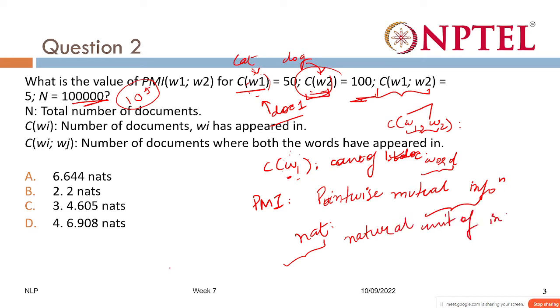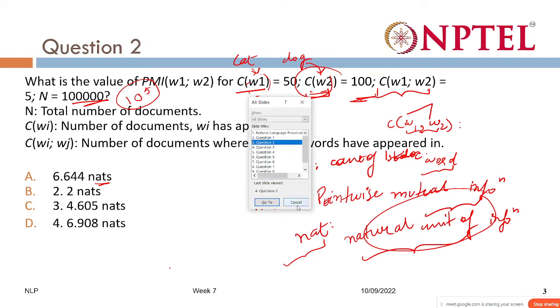You must be wondering what is this unit that is given here? That is the natural unit of information. Now please give a try to this question. Just apply the formula for PMI and get the value. Let me know the answer in the chat box. I'll give you 3 minutes to solve this question.